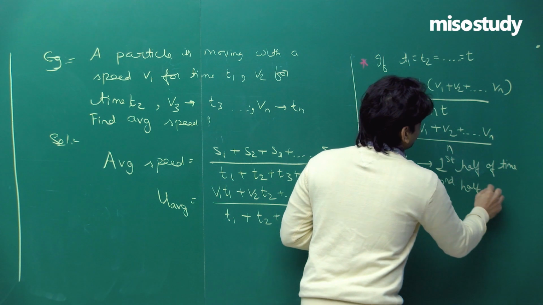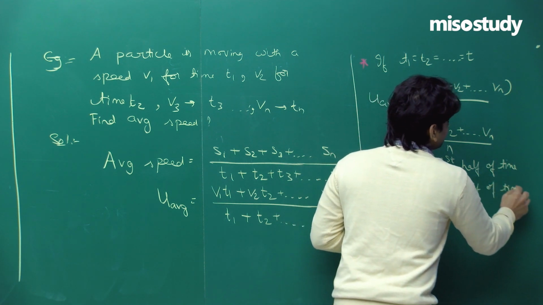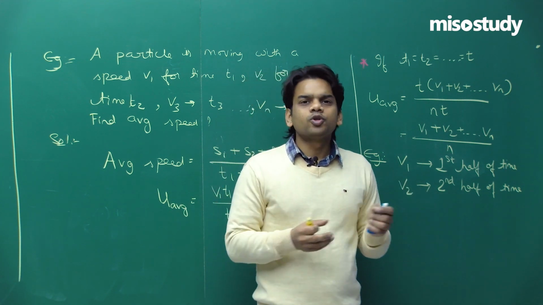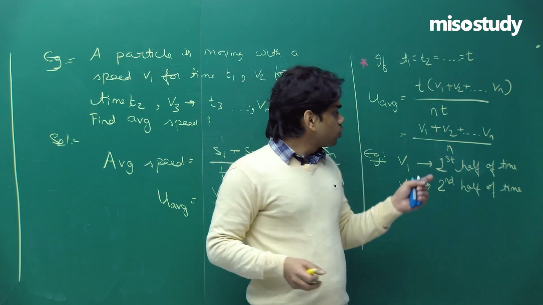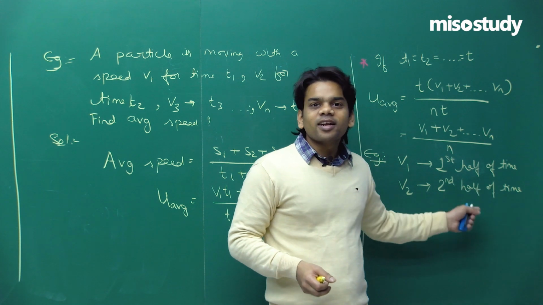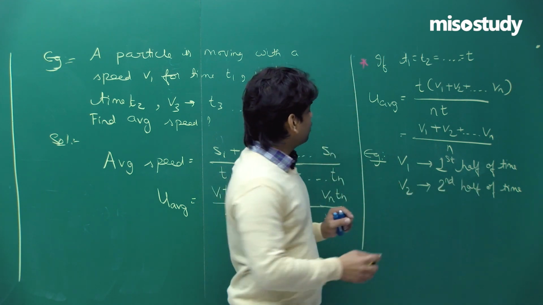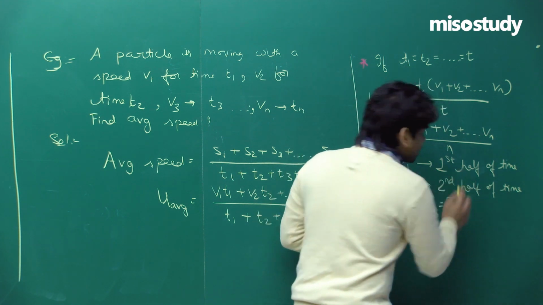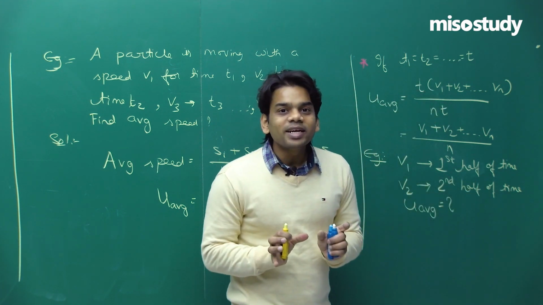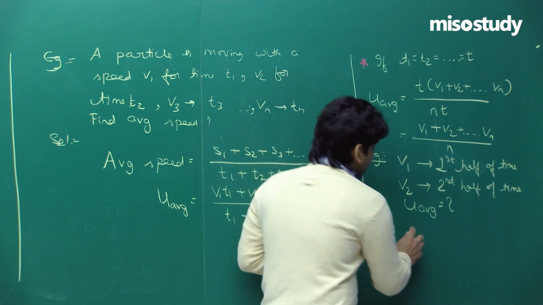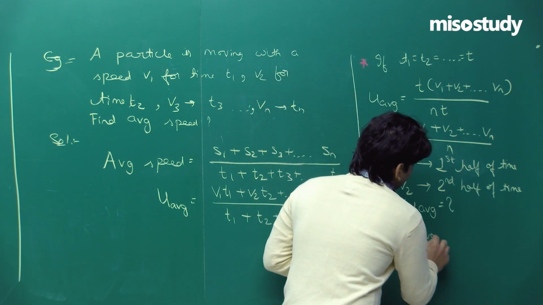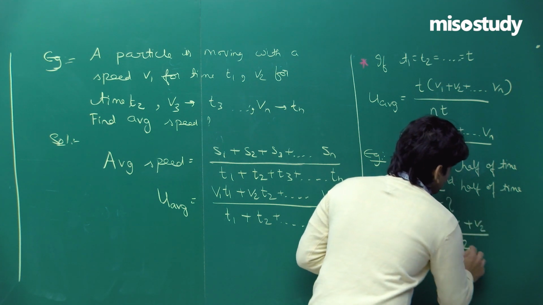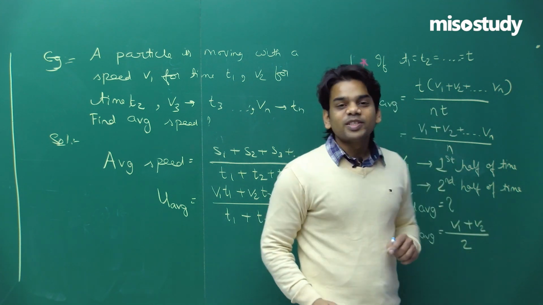When we use half, that means during the course of journey it took t plus t, 2t time. So the first half time I am writing as t, the second half time as t. So if the question comes, what is the average speed? Just now I told you, when the time period is uniform, the average speed will come out to be v1 plus v2 by 2. v1 plus v2 by 2, this will be the average speed in this case.